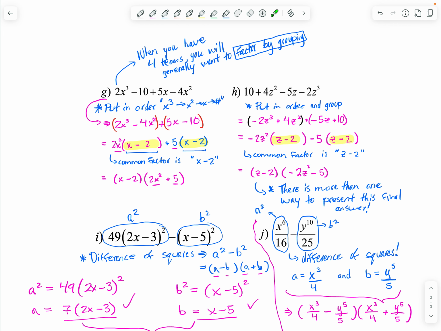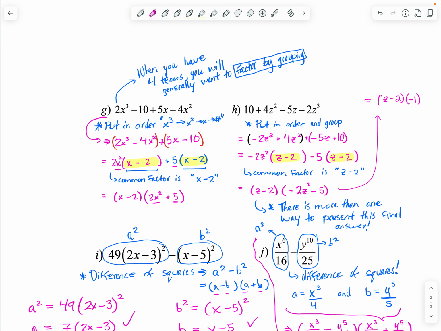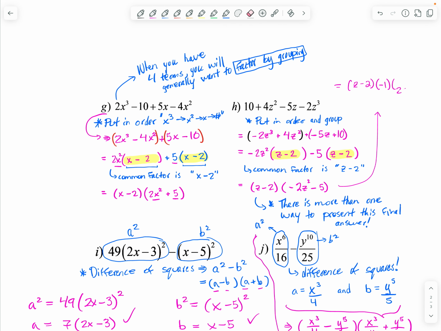Now, there is more than one way to present this final answer. That's very true, because I could have equivalently written this. I could say that this is also equal to, well, z minus 2 stays like that. I could have factored out a negative 1 from the latter, and I would have gotten 2z squared plus 5, because if I redistribute that negative 1, I would end up with this again.